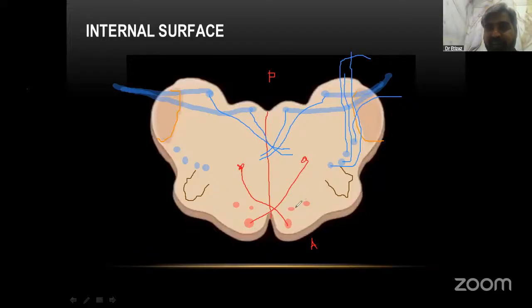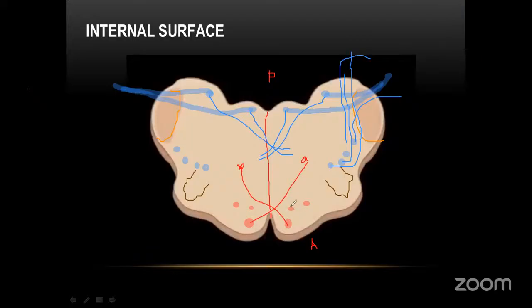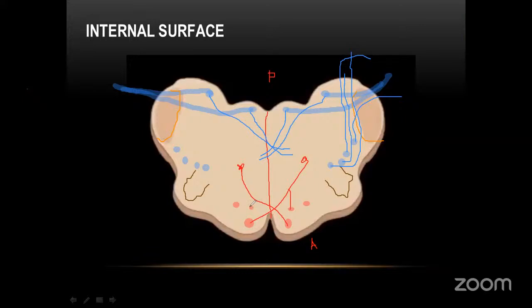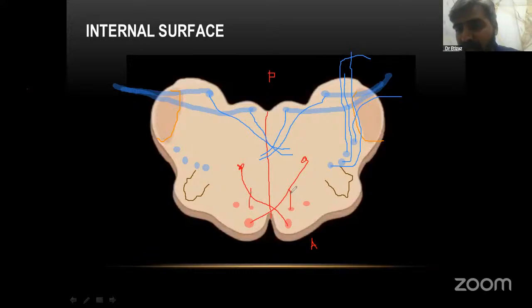What is the function of the tectospinal tract? With visual stimuli, it moves the head and neck in conjugate motion. Descending or ascending? Dr. Mustafa, what are you saying?